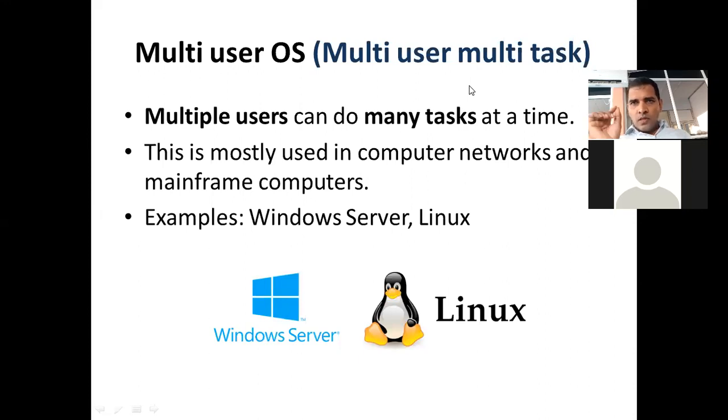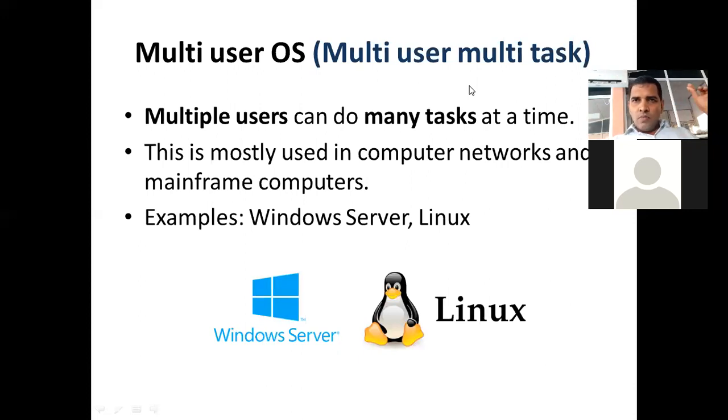Mainframe computer is connected to multiple monitors and keyboards, which we call terminals. So if it is a mainframe computer, that is one computer that can be connected to so many terminals. The word terminals means having monitor, keyboard, mouse, and that is one workstation.